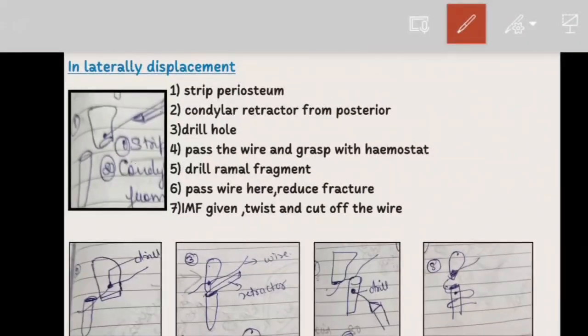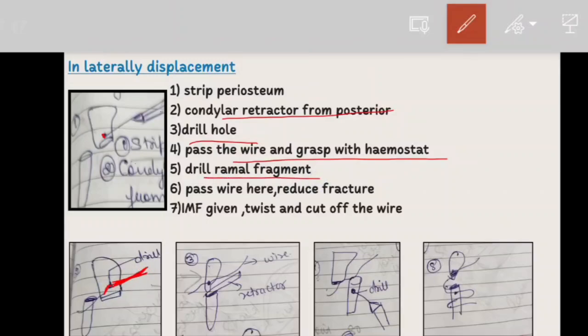Here you see a lateral displacement. First strip the periosteum, then place the condylar retractor, then drill the hole, like this, you see in the diagram. This one is drilling the hole, then passing the wire and grasping it with a hemostat. The wire is passed through this drilled hole. Then drill the ramal fragment.